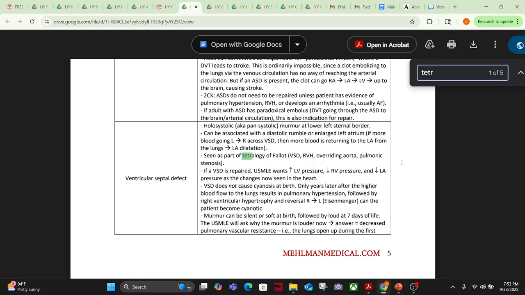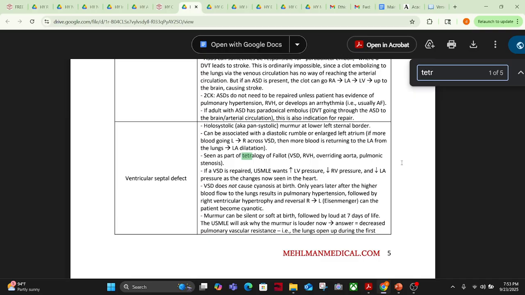So that's that. And now, if the VSD is repaired, what are the new pressure changes? The new pressure changes would be increased left ventricular pressure because the VSD is now blocked off, so the blood stays in the left ventricle, and so left ventricle pressure increases.